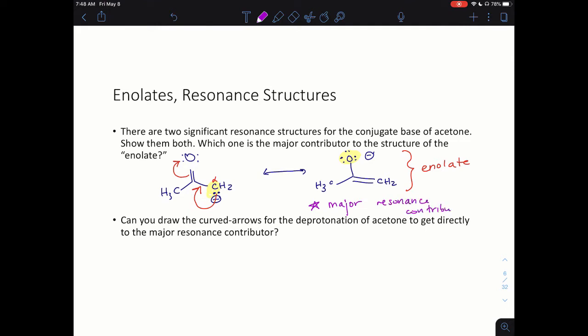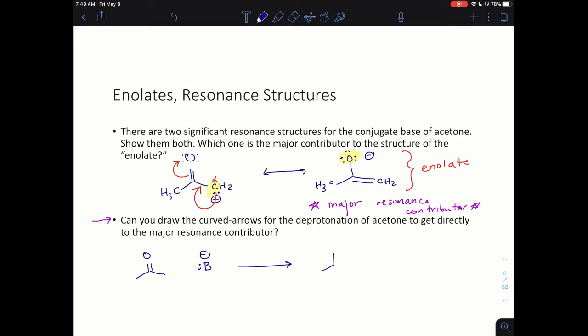You will find that moving forward in this class, when we draw curved arrow mechanisms, we want to draw them directly to the most stable resonance structure, because the enolate is not best described by this resonance structure. It's best described by this one. So in general, we want to draw our curved arrows to go directly to the major resonance contributor. So let's try again.